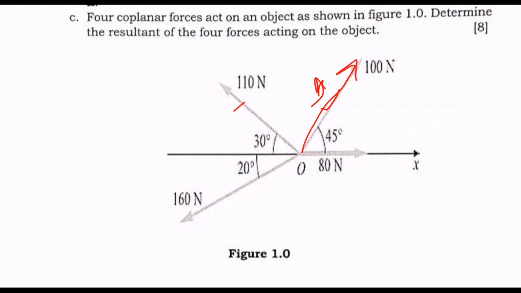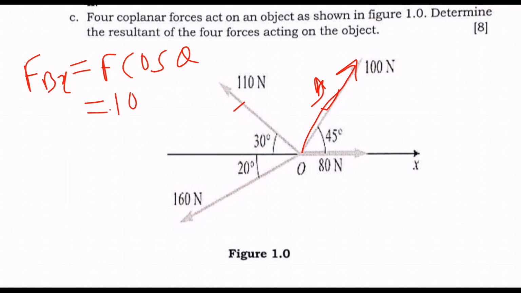So how can you find it? We say F B X. We want the component, which is F cos theta. So what is our force? Our force here is 100. So 100 cos. What is the theta?